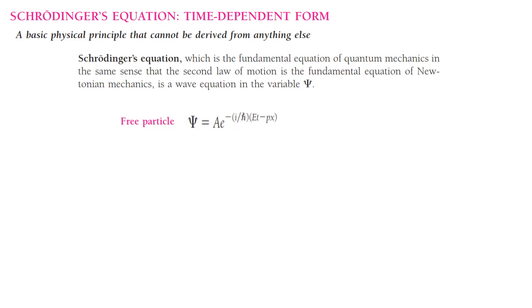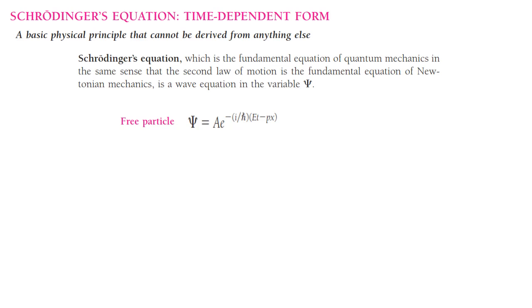The form of the Schrodinger equation was given by Erwin Schrodinger directly through his intuition. He just wrote the differential equation as a function of psi, and that is the Schrodinger equation.